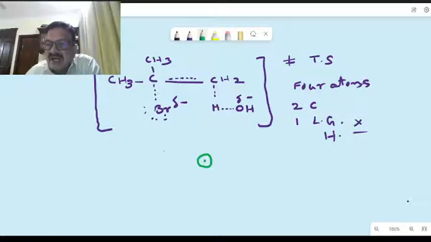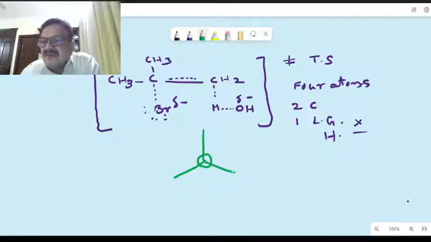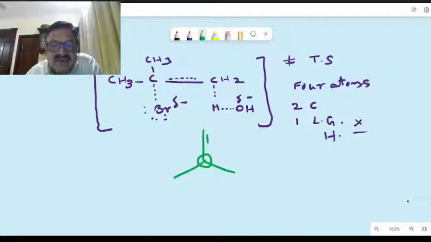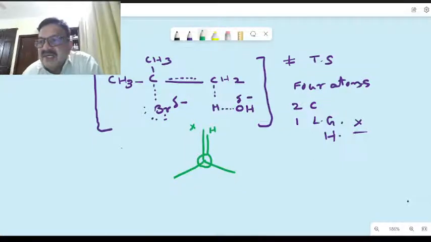Now we draw these 3 groups here, Br, H, whatever it is. What is more important is that here one is Br, Br is X here, and H here.